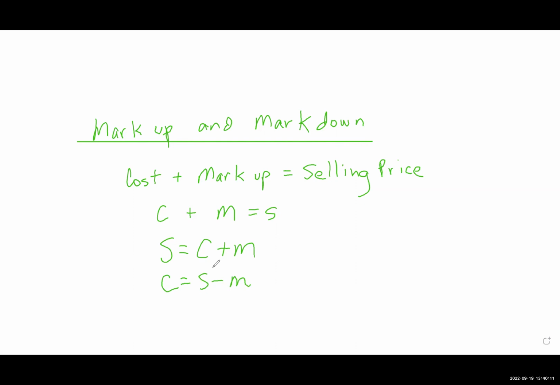Sometimes we'll use it in that form, depending on what we're looking for. And then, of course, the markup would be whatever the selling price is minus whatever the cost was. So these three are the formulas we'll use for this module.